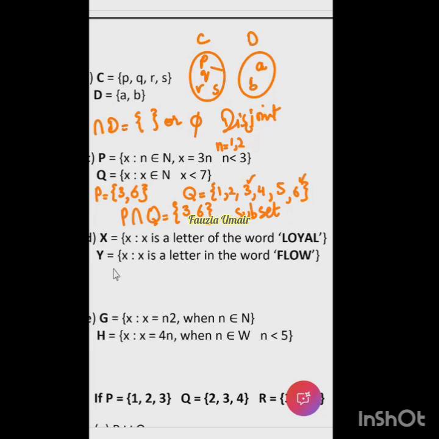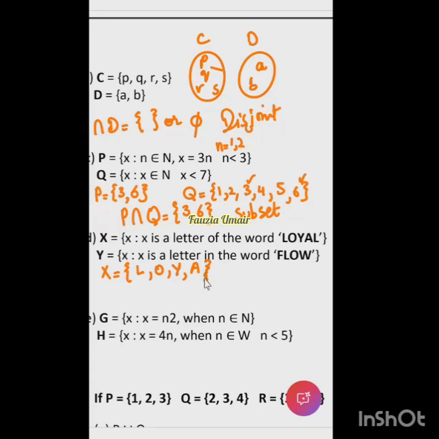So now the next one. This is very interesting. X is the set of letters of the word loyal. So what are the elements of X? L, O, Y, A, and L. Should I write down L again?